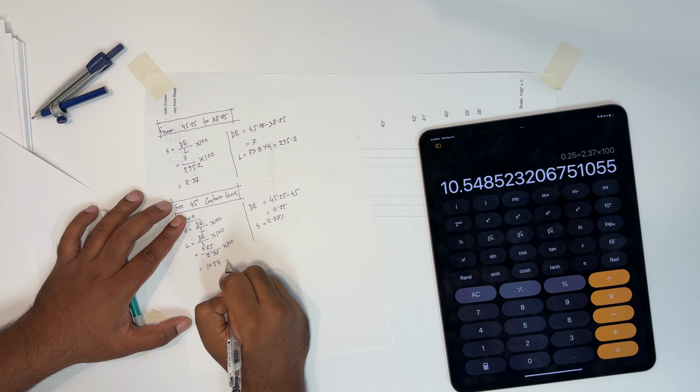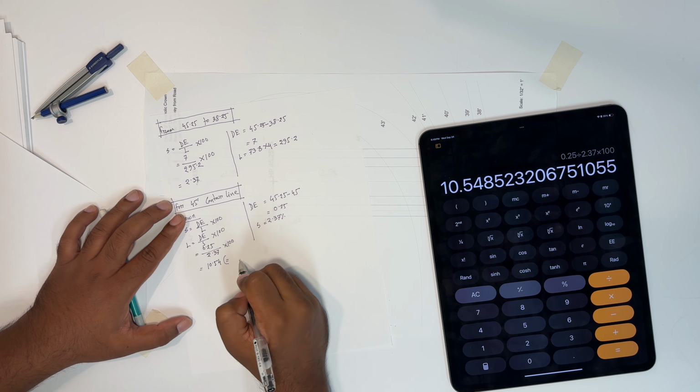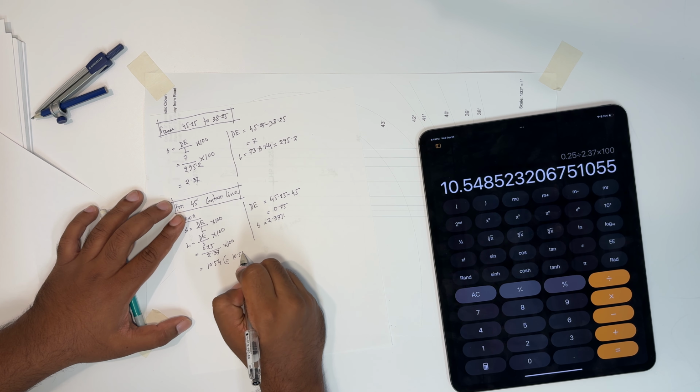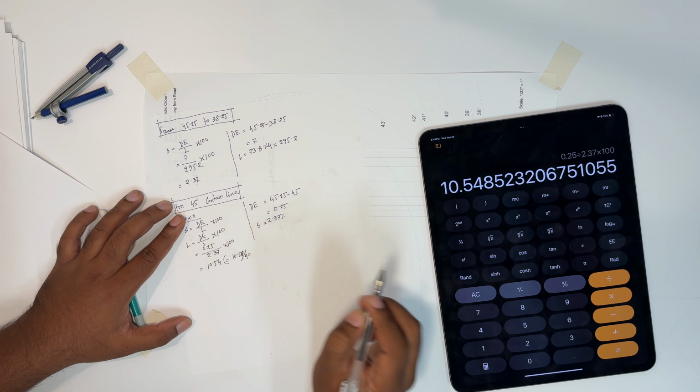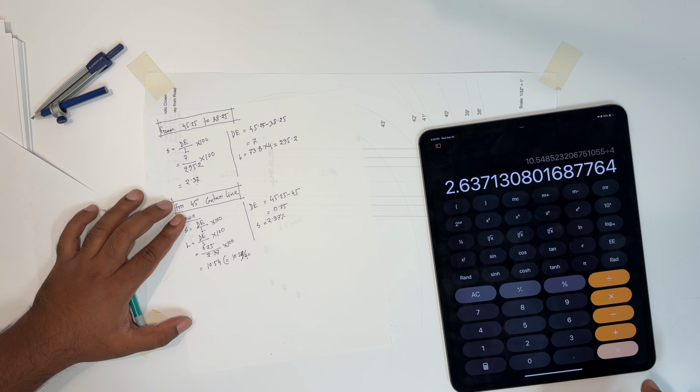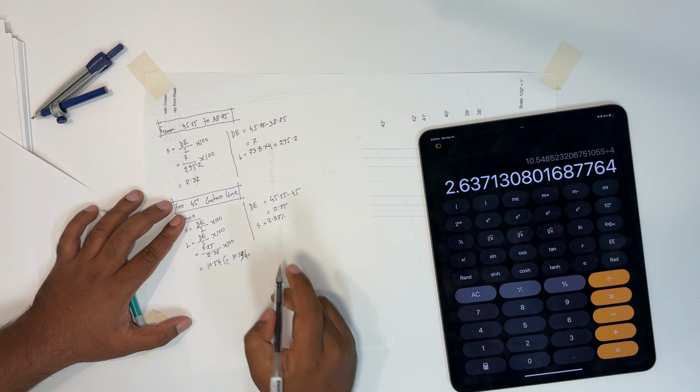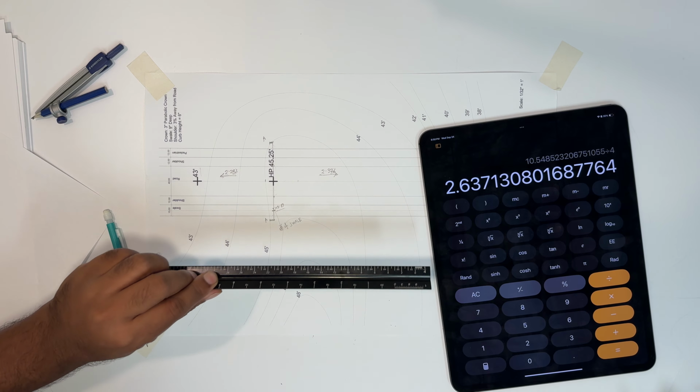And again, we need to divide it by 4 for the drawing. 2.63. So let's try to put that down.